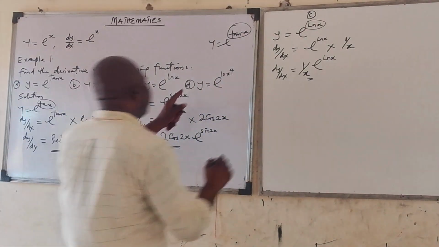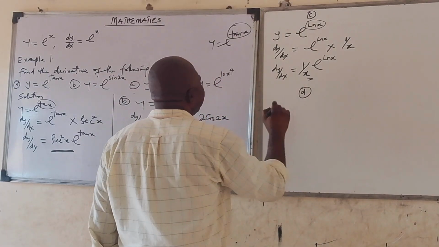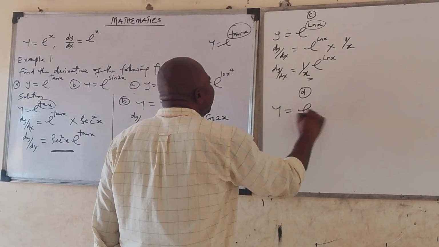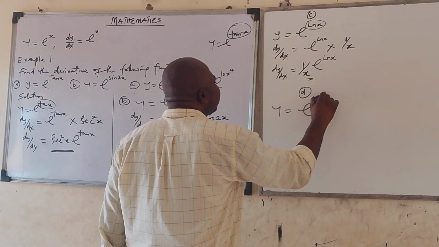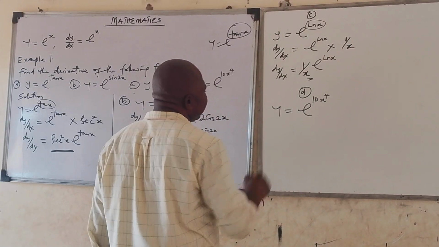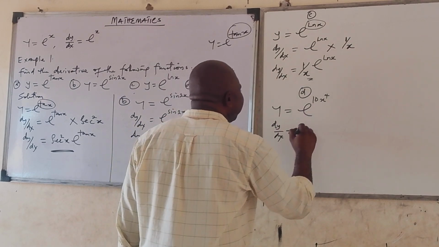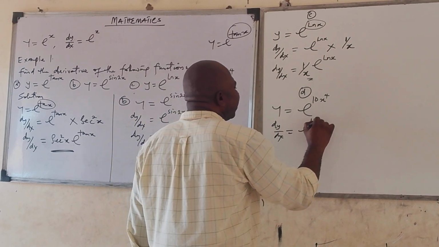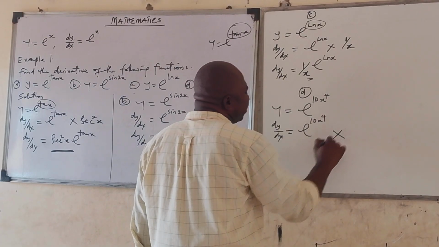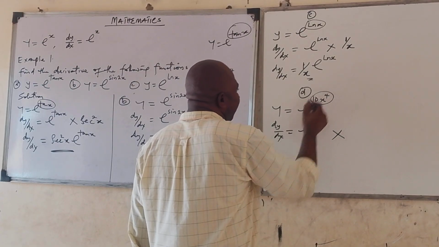Now let's see the last question. Question D. Now y is equal to e raised to the power of 10x raised to the power of 4. Yes. Now dy over dx will be equal to, you differentiate this, it gives you e raised to the power of 10x raised to the power of 4. Then you times it by the derivative of this function.